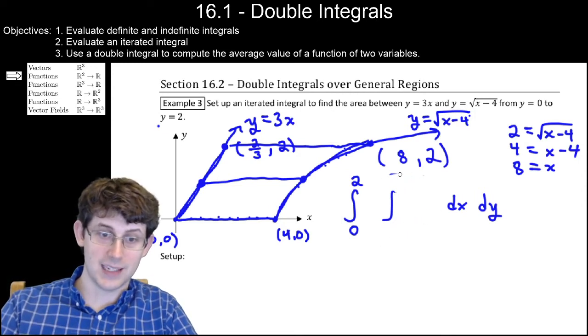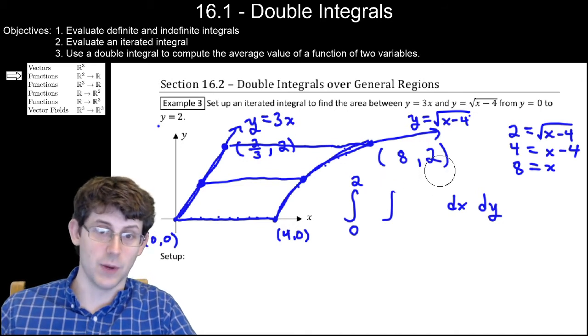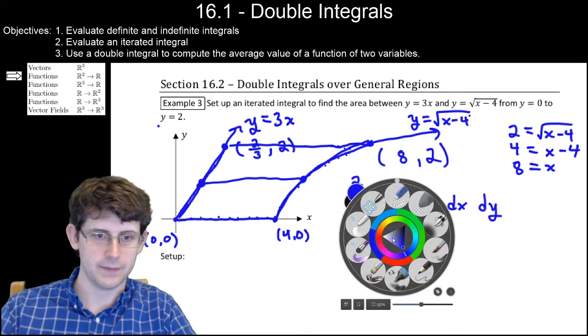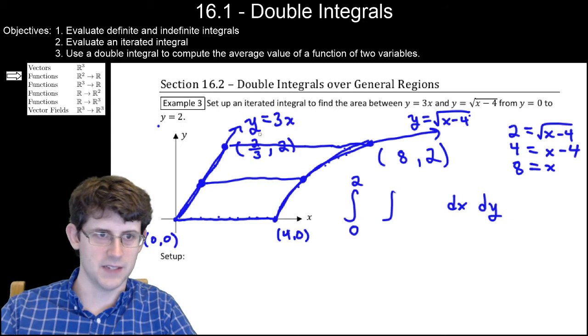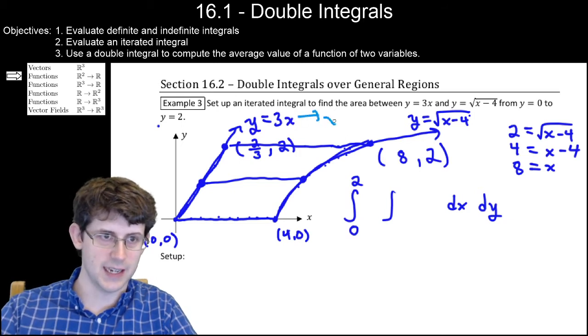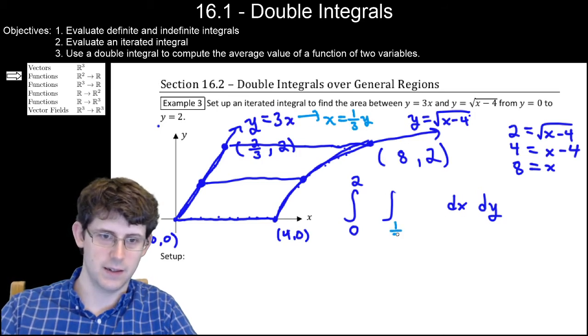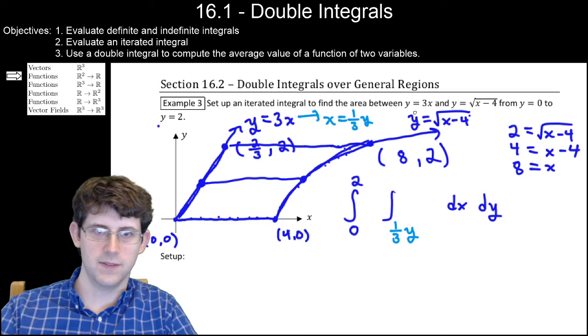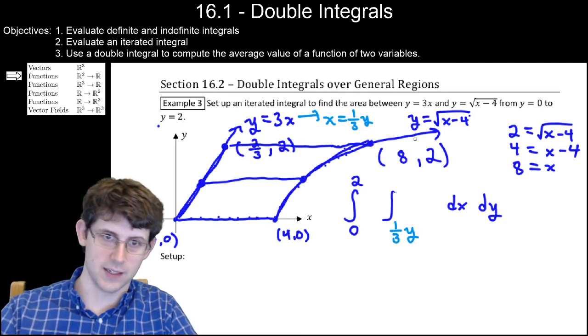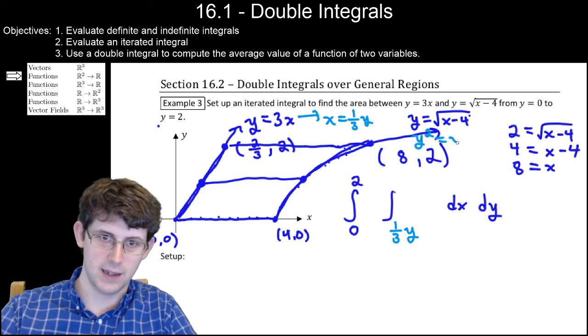I need to put x bounds in here, so that means I need to find what x equals. So let's solve these for x. If y is 3x, then x is 1/3 y. That's the left side, the low end of the x's. If y is the square root of x minus 4, I can square both sides, and x is y squared plus 4.